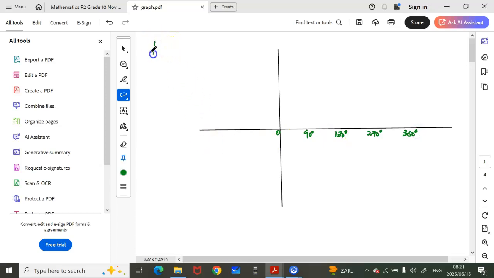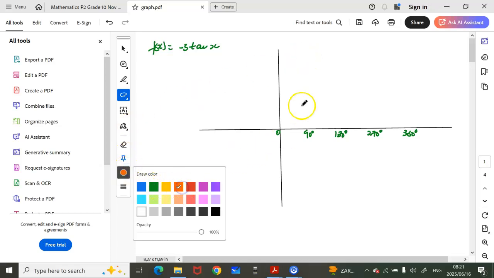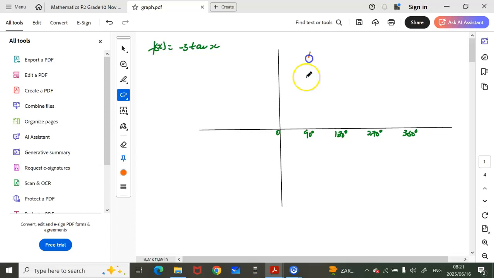Now the graph is given as f of x equals minus 3 tan x. So it's a tan graph. What do we know about a tan graph? We know that tan has an asymptote at 90 degrees, and there's another asymptote at 270 degrees.